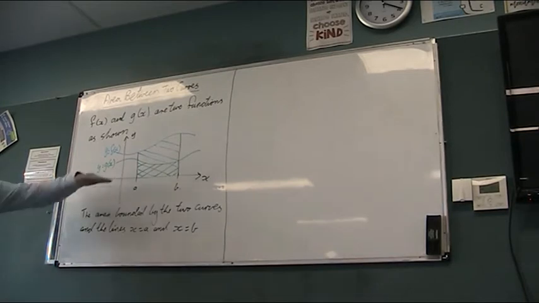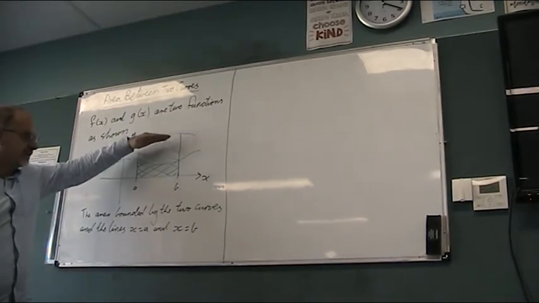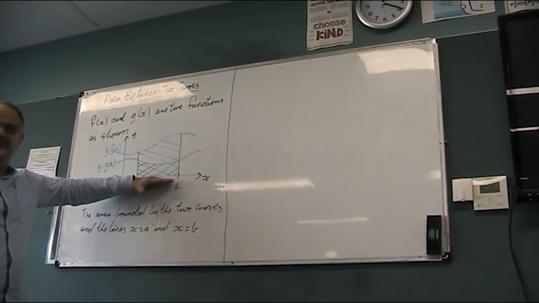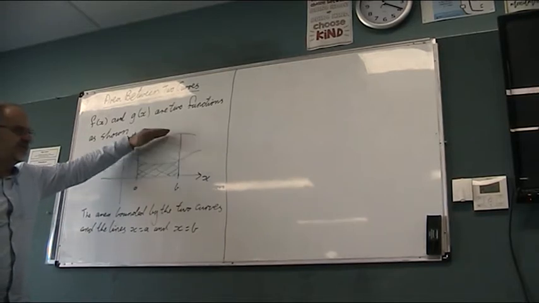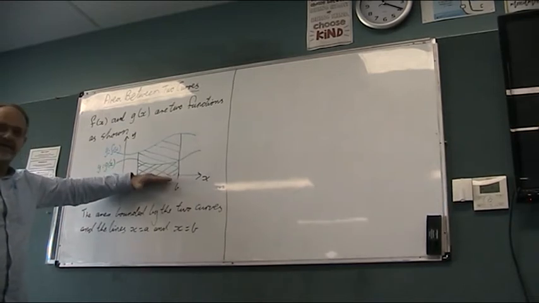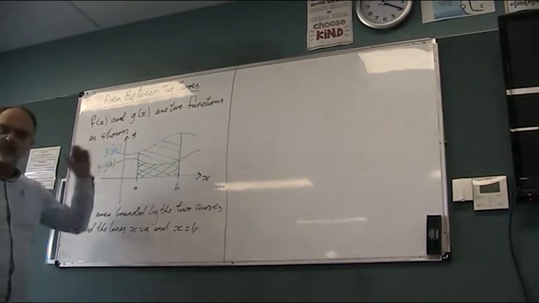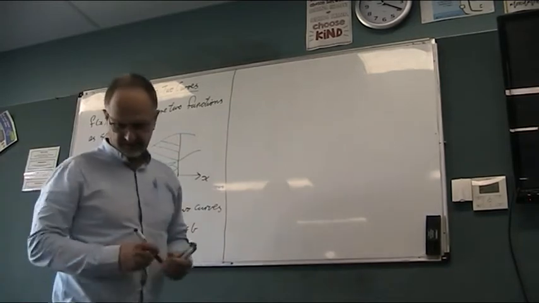Integrals give us the area under the curve all the way to the axis. So if we're looking between two curves, you do the higher one all the way to the axis minus the lower one all the way to the axis.